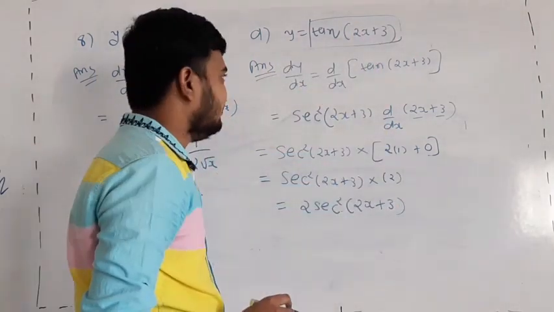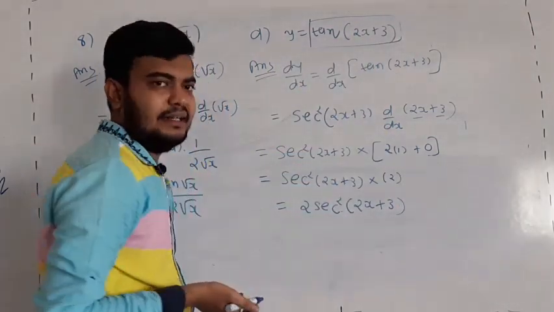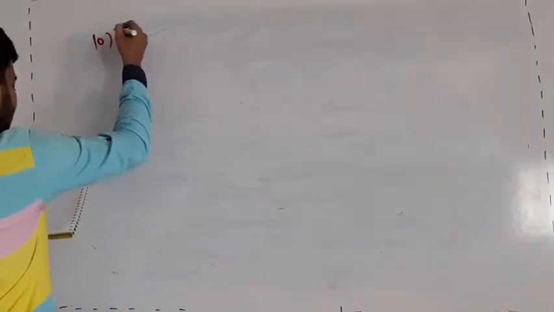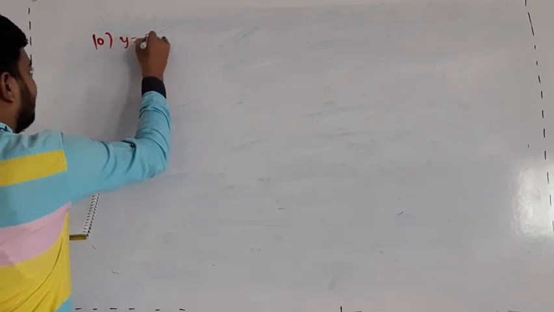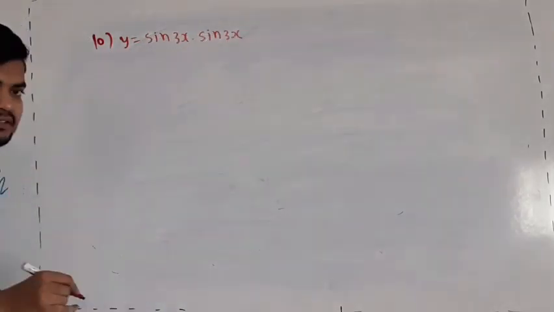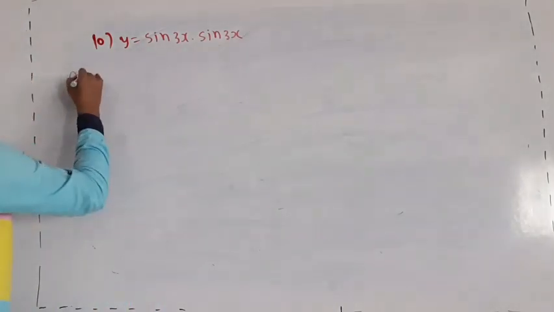Now taking more examples. The 10th one is y is equal to sine 3x into sine 3x. Find dy by dx.